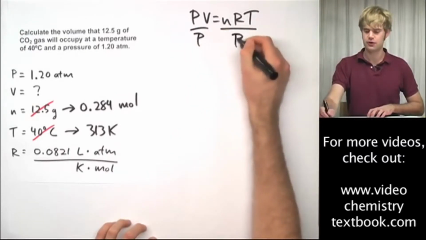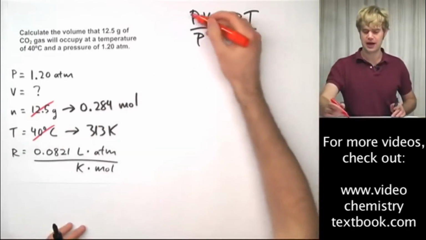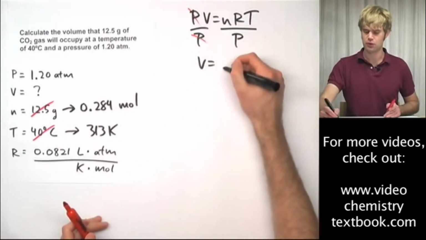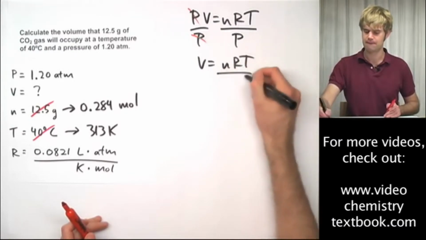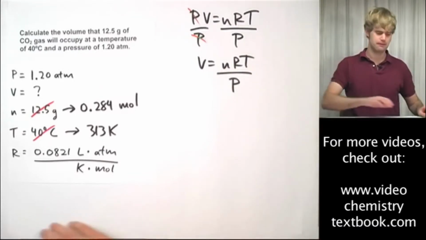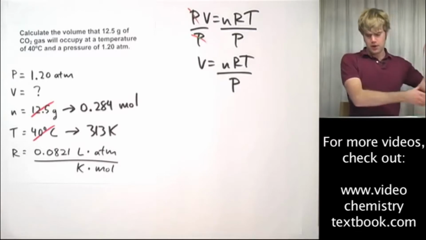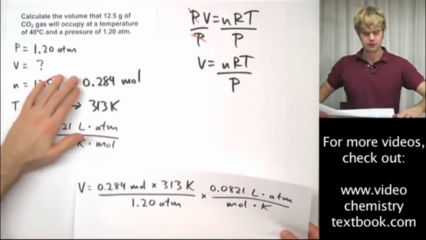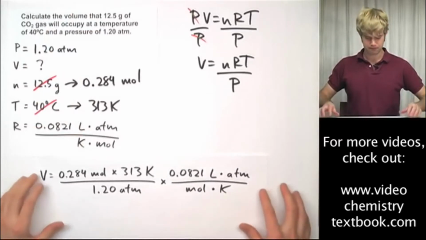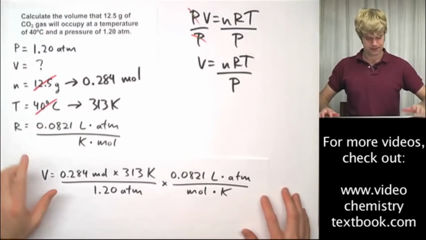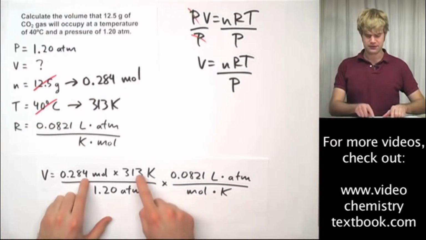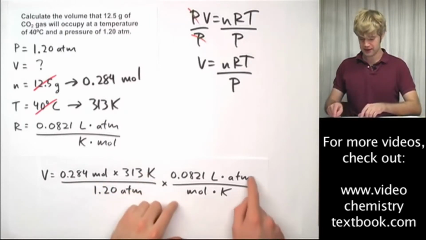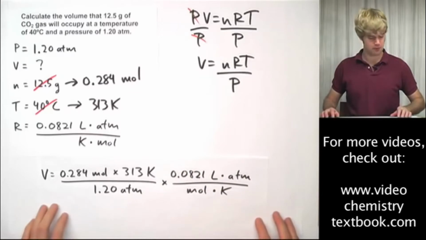So all I have to do is divide both sides by P, then the P's cancel out, and I get V equals nRT divided by P. So I've gone ahead and plugged most of these values into the equation. I have n, I have T, and I have P as before. I leave R until the end, and here it is.